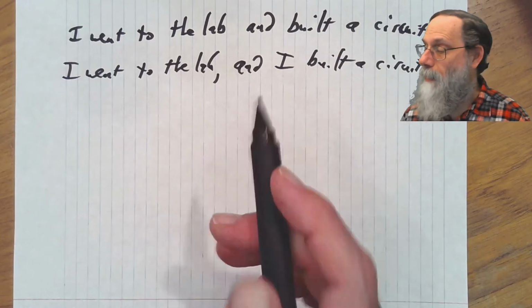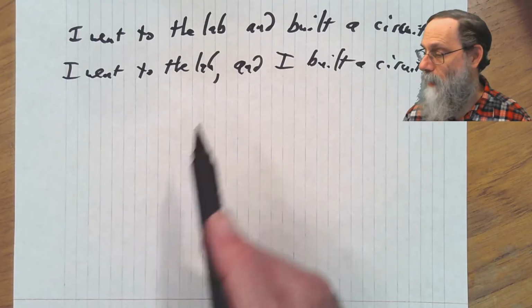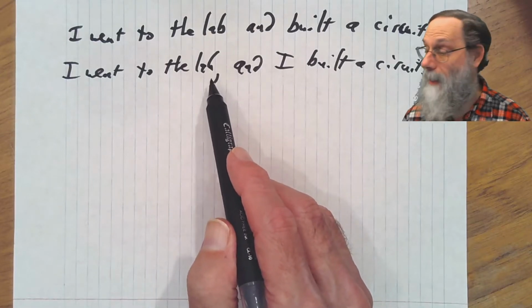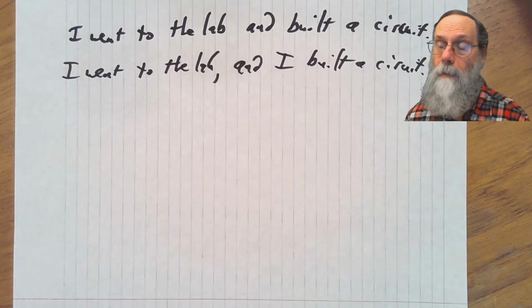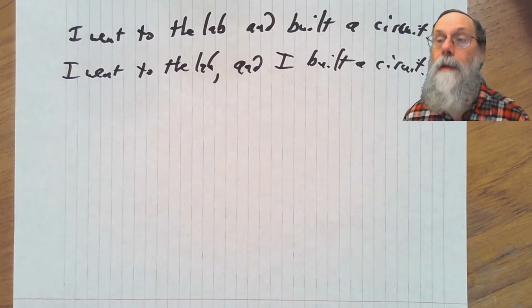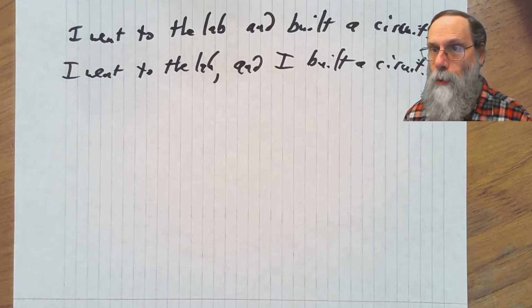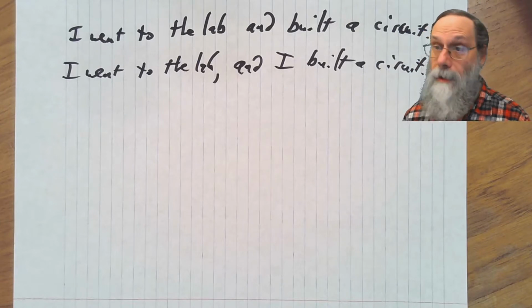This is probably the most common difficulty people have with commas, is trying to decide whether to put one in or not before a conjunction. Two items that are not full sentences, no comma. Two items that are full sentences, comma. And that's it for conjunctions.